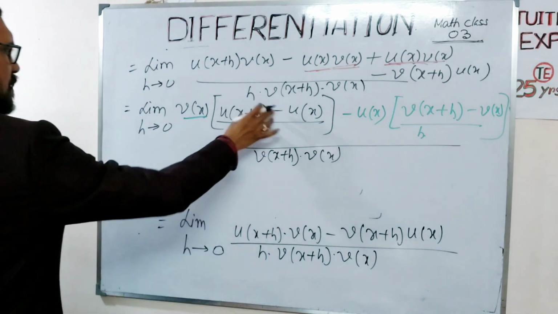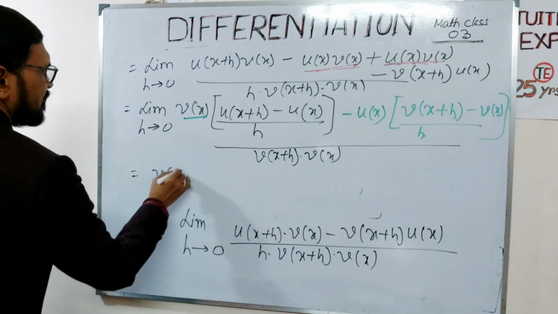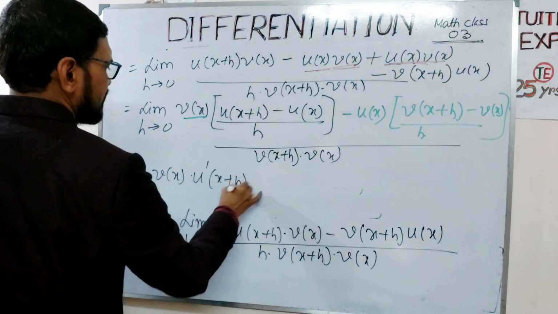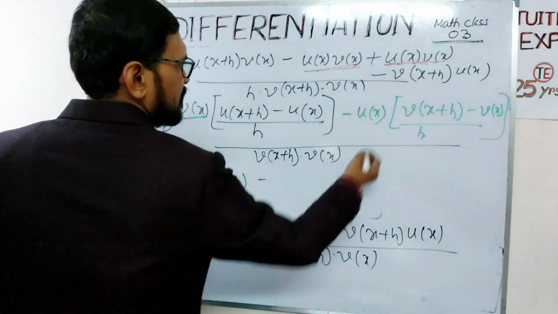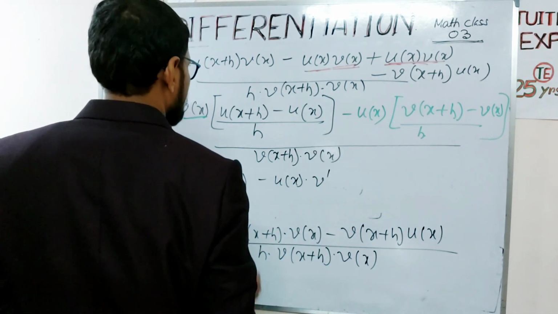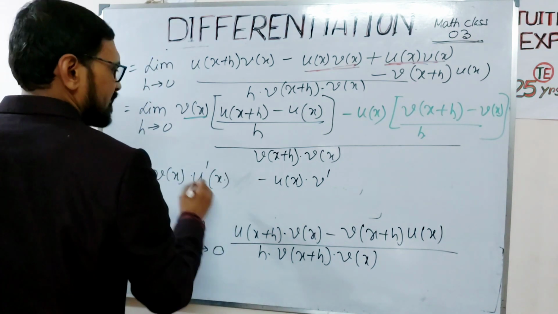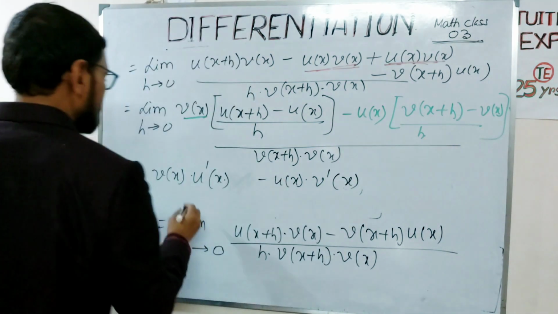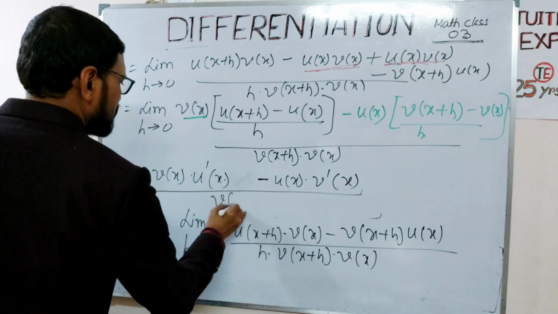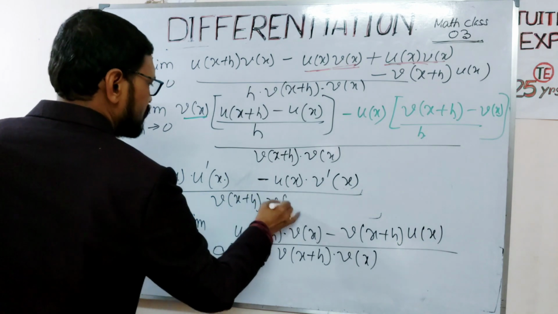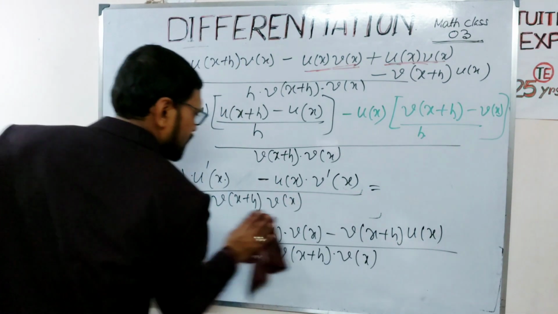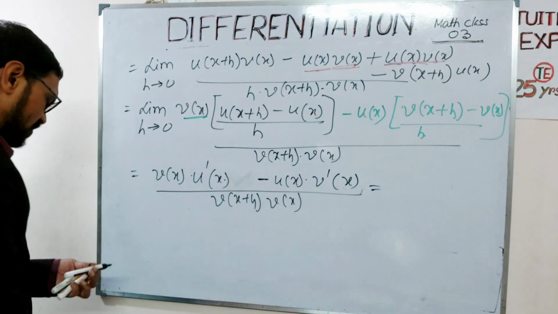Now this becomes u dash x minus u x into v dash x, divided by v of x plus h into v x. Now what is the result?